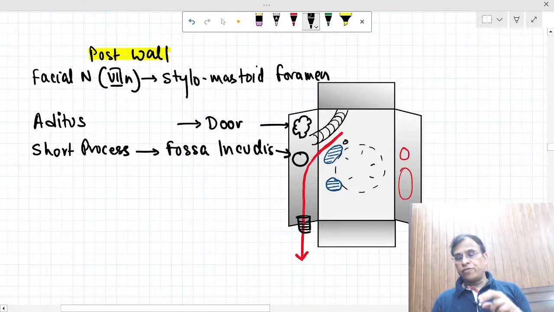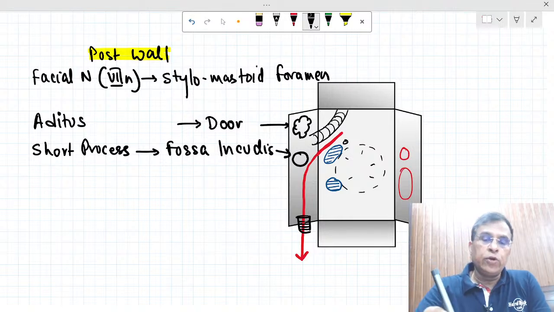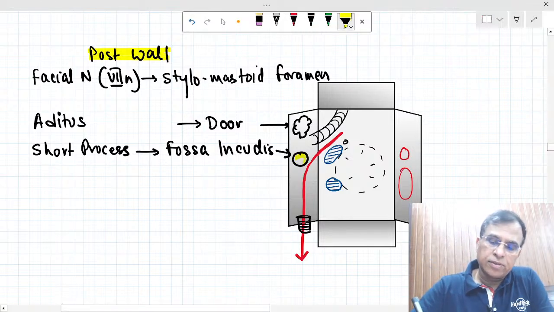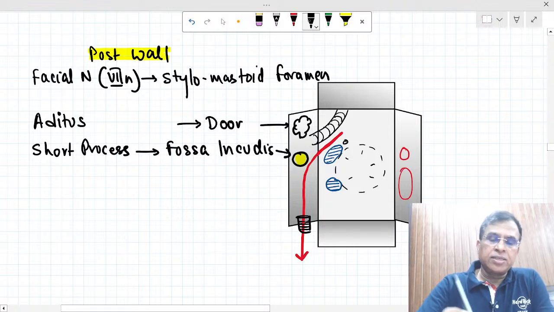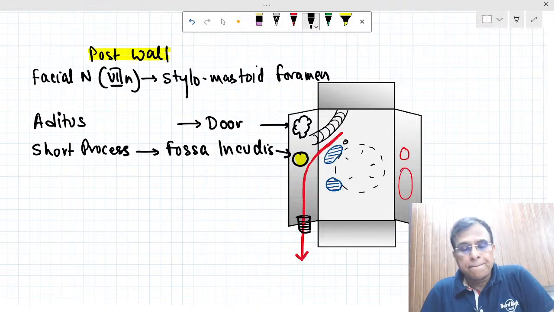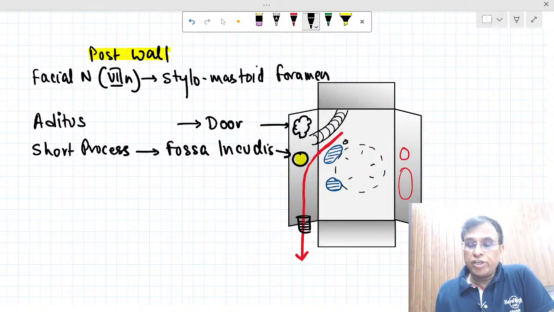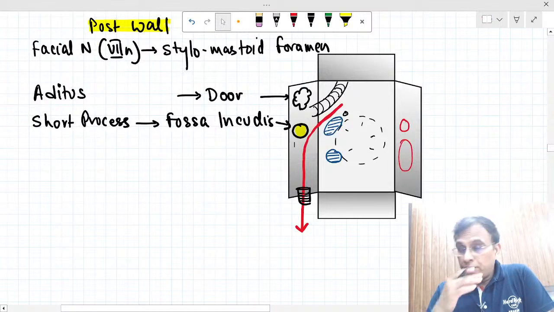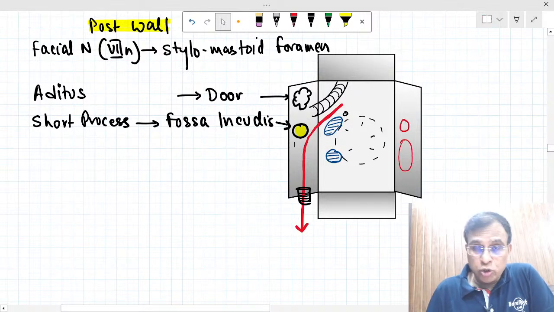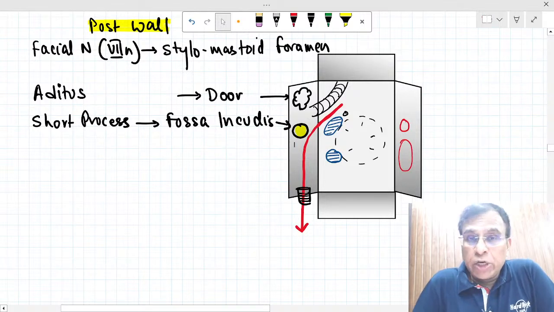Why is it called incudis? Because the incus comes and fits in this fossa. So we have the facial nerve with the stylomastoid foramen, the aditus, the door, and the fossa incudis for the short process of the incus.